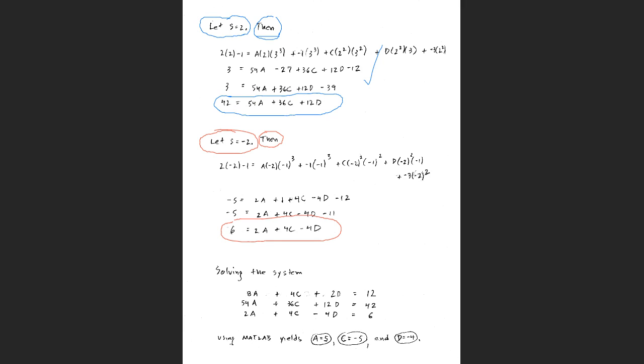Okay, and so I'm going to get a system of equations, and I can use MATLAB. Solving this system, MATLAB is going to yield that a equals 5, c equals -5, and d equals -4.